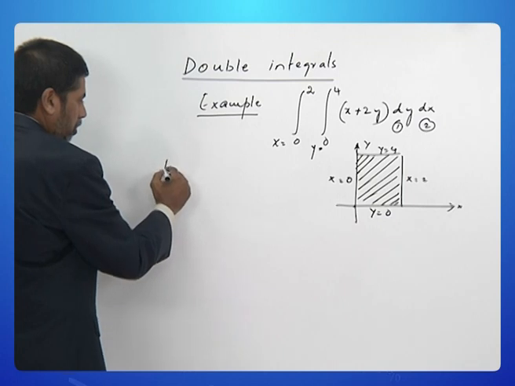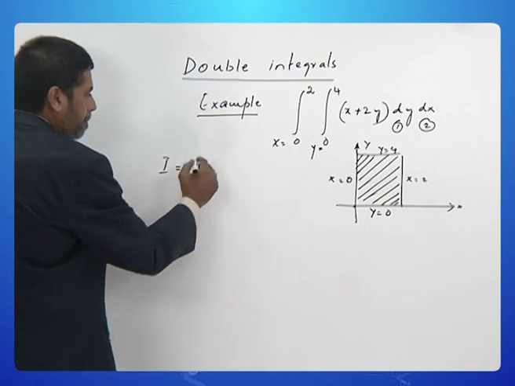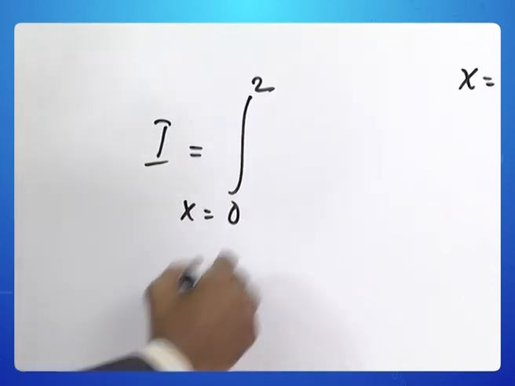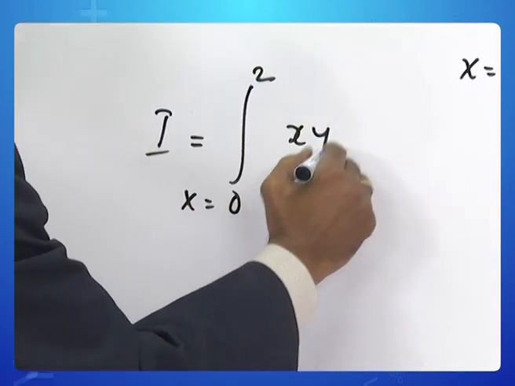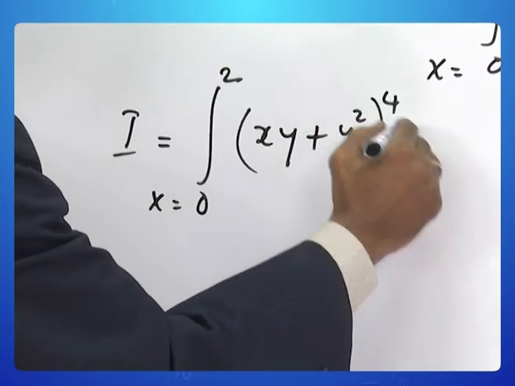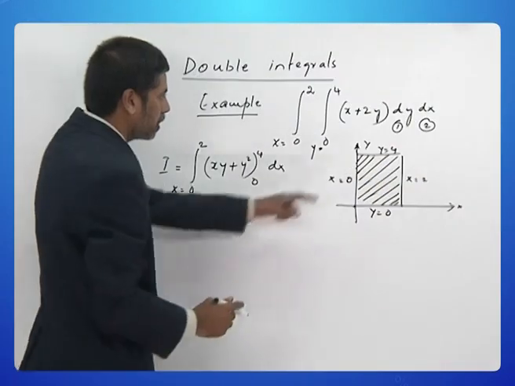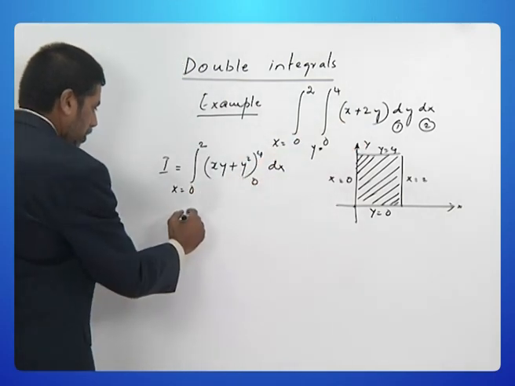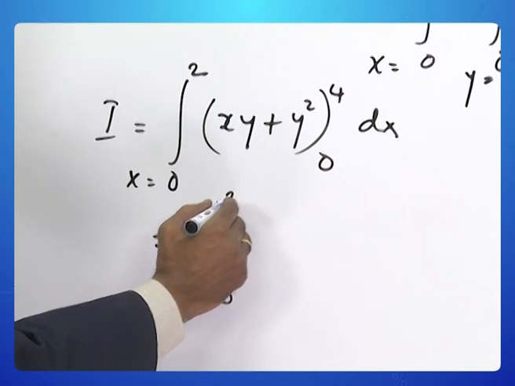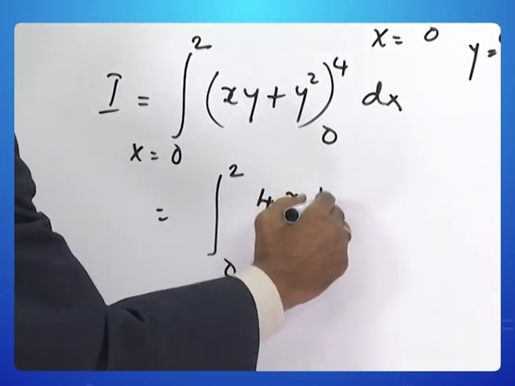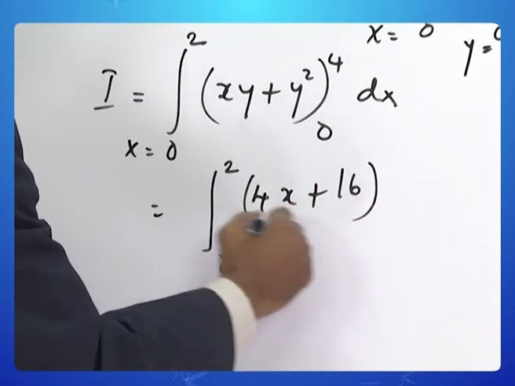So let me call the required answer as I, integral 0 to 2 on the variable x, xy plus y square from 0 to 4 dx. The integration of 2y is 2y square by 2, therefore it's y square. So it is 0 to 2. Apply the limits for y, so you get 4x plus 16 dx.